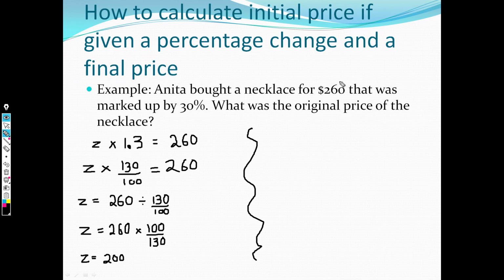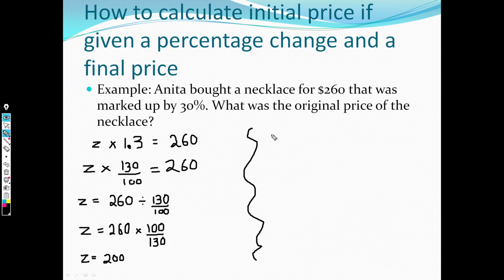That means if I consider the original price as 100%, then this new price is 30% more than 100%. That means this new price is 130%. Okay, so that's the reasoning that I've got to do at the start before I set up my proportion.